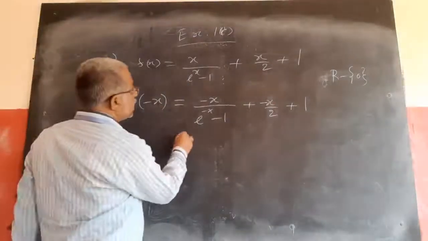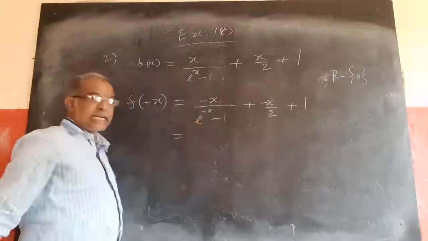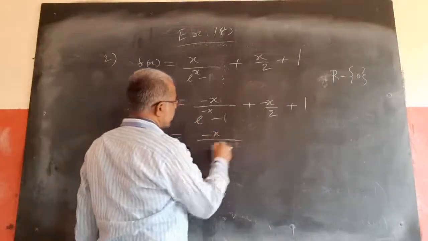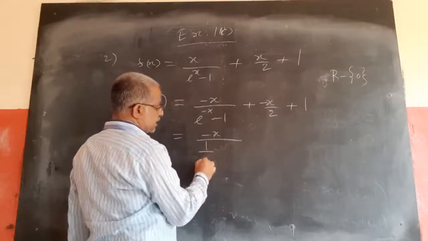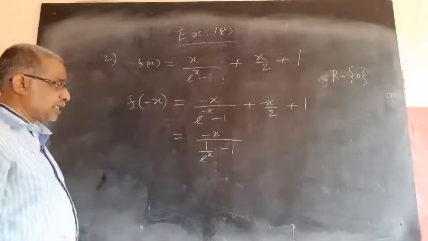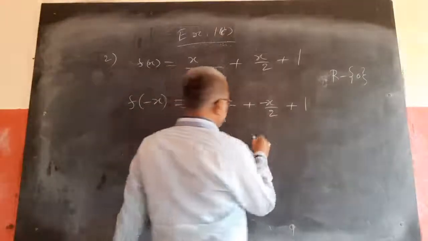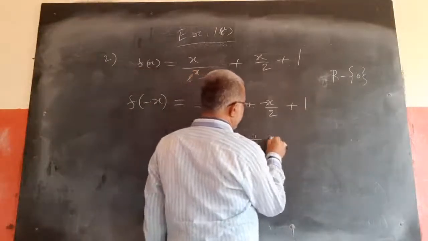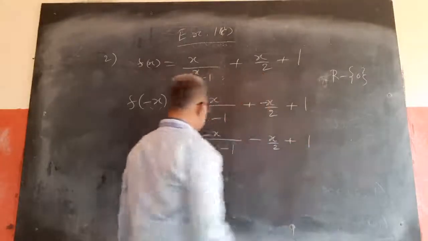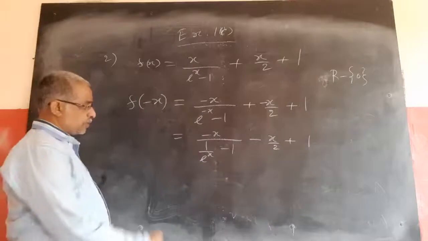Now this e power minus x I can write as 1 by e power x. So minus x by 1 by e power x minus 1, plus minus x by 2 plus 1.